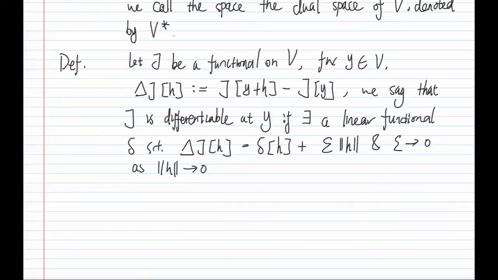The lowercase delta defined here is called the first variation of the functional J at the point y.